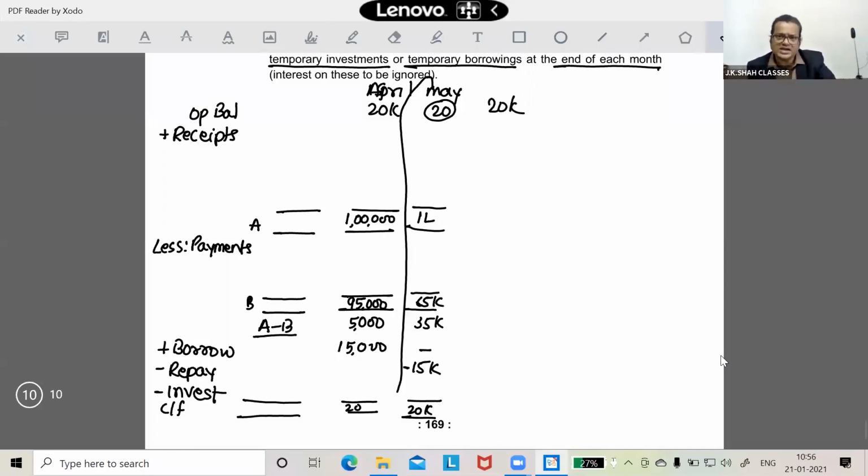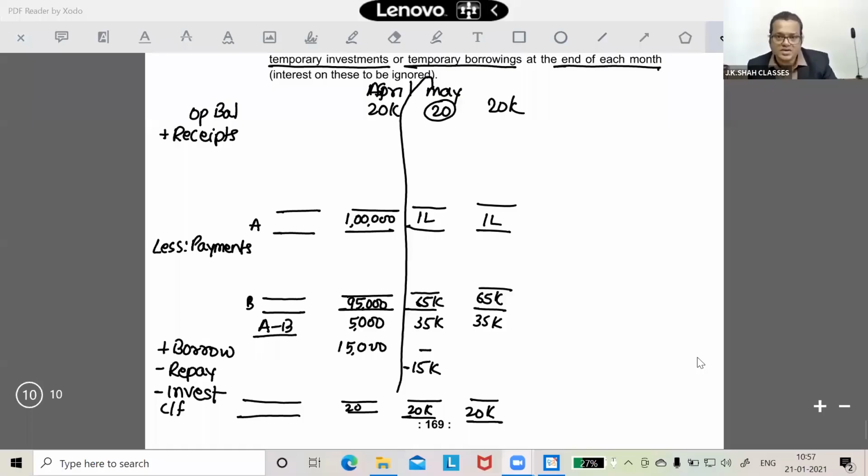Now let's say again the same numbers happen, that this is 1 lakh and this is 65k. So what is the balance? 35k. Out of this, how much you want to keep over here? 20k. How much surplus is left? Again 15k. Do you have any previous borrowings which are yet to be repaid now? No. Then what we will do? Invest now. Now the second option, invest. Got this.